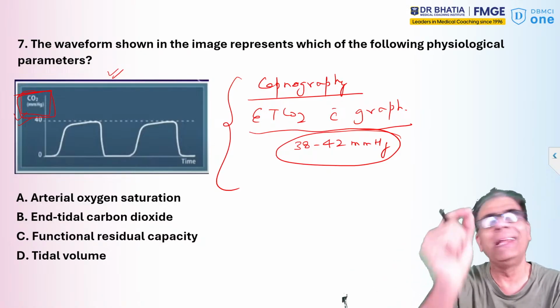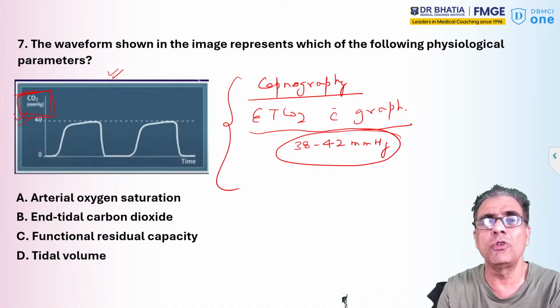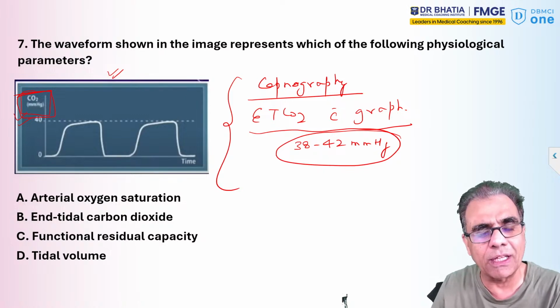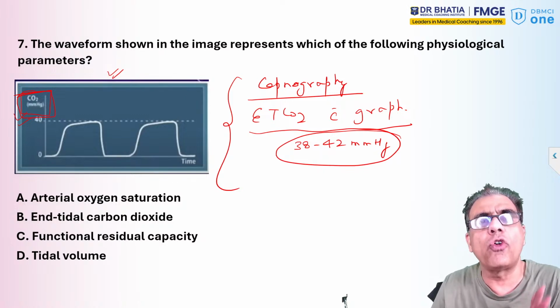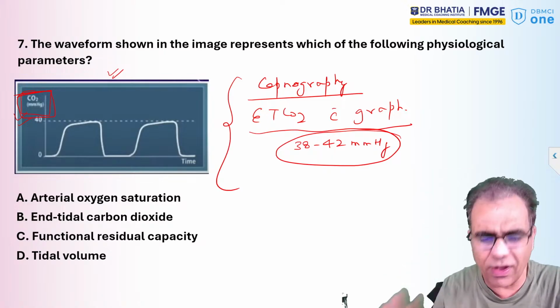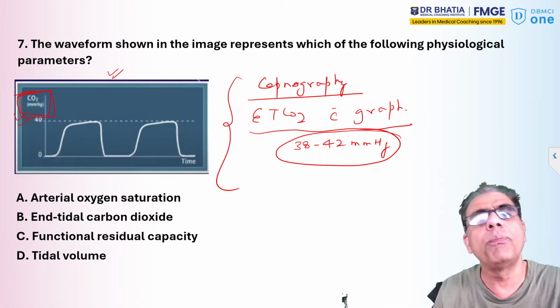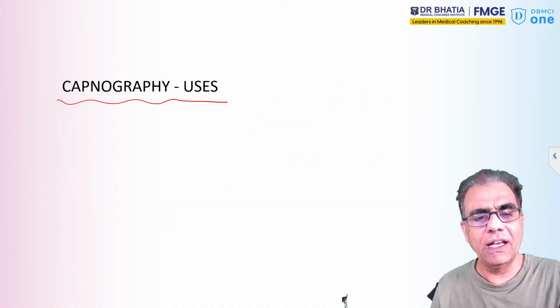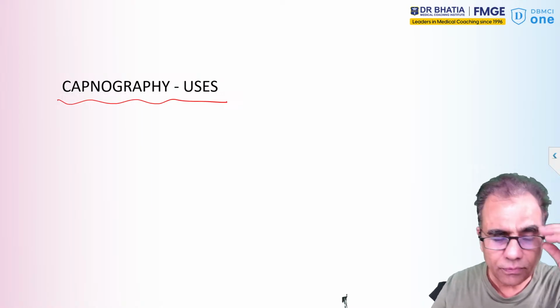Then a question on malignant hyperthermia is always there, and this time also they asked you the easiest question related to malignant hyperthermia. So these 3, 4 topics, I've seen in every FMG exam there is a question on this, and these are very important topics that you must know. But luckily this time I will say the easiest question.